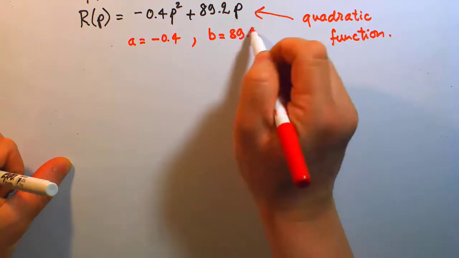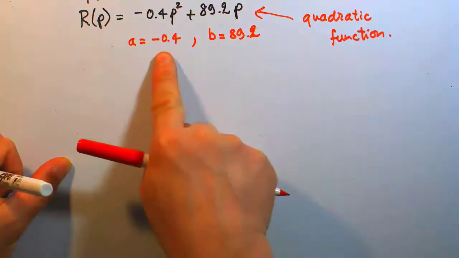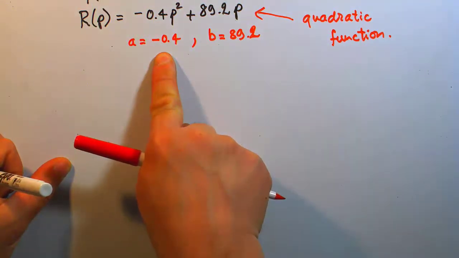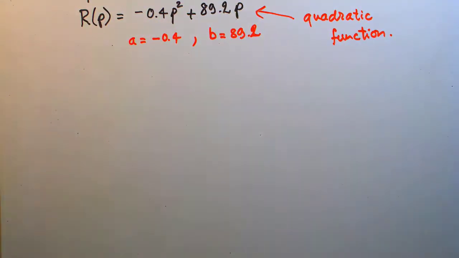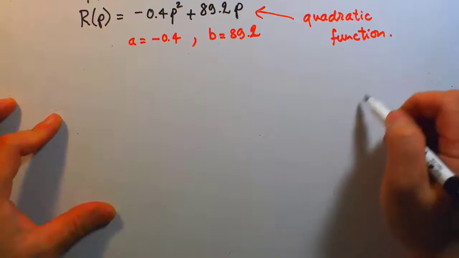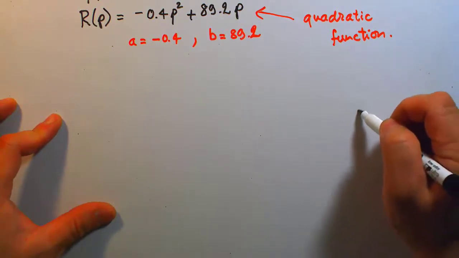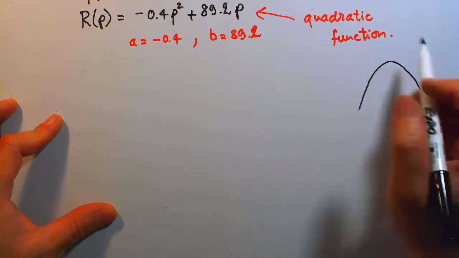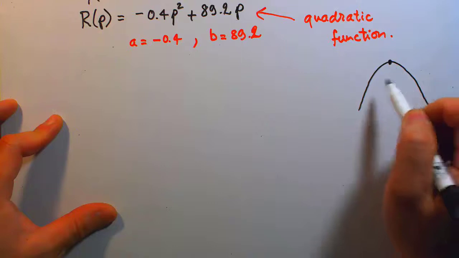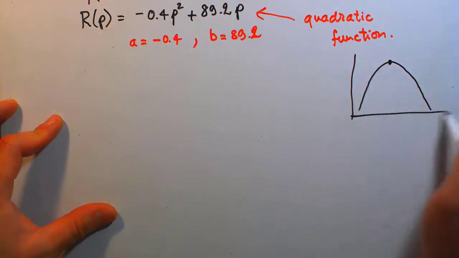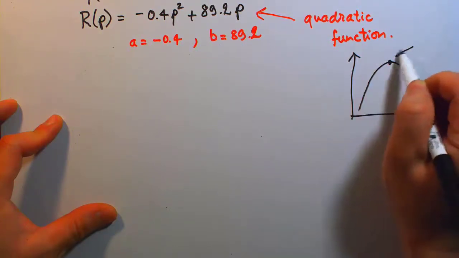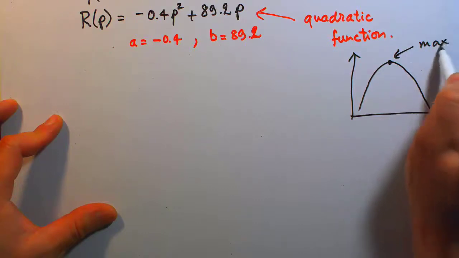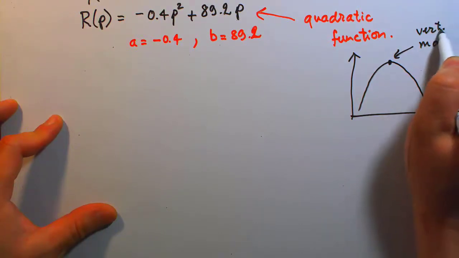Immediately recognizing that the quadratic coefficient is negative, we can have the expectation even before we solve the problem that the parabola is going to be a downward-pointing parabola. And so the vertex in our problem will become the maximum.